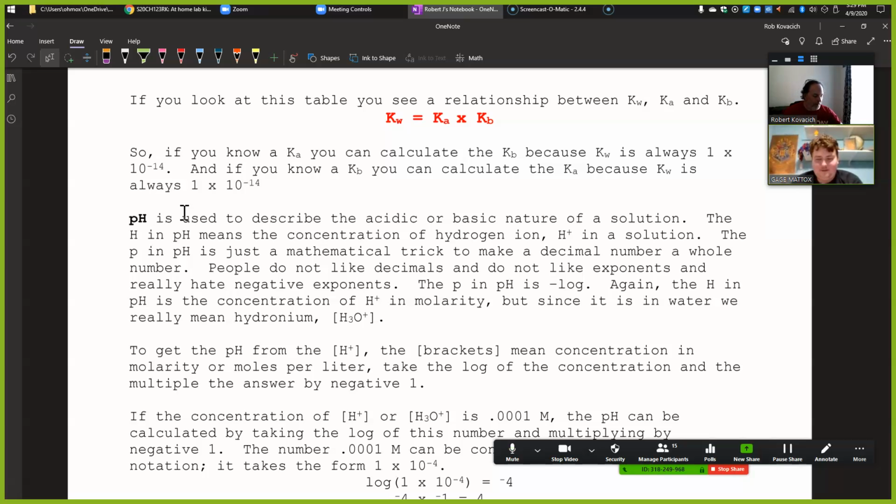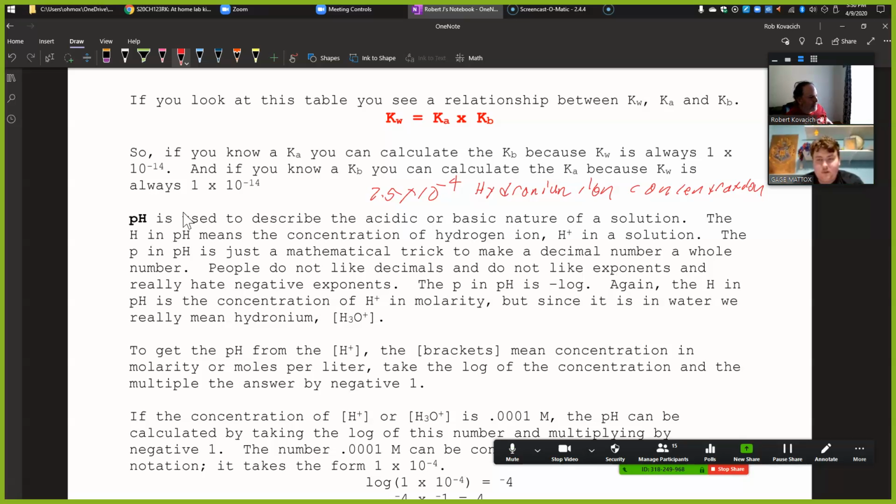So if I told you that you needed to maintain the correct acid-base ratio in your swimming pool or your hot tub, and I said that you needed to make sure it was 2.5 times 10 to the negative fourth hydronium ion concentration, how many people are not going to be happy with that?